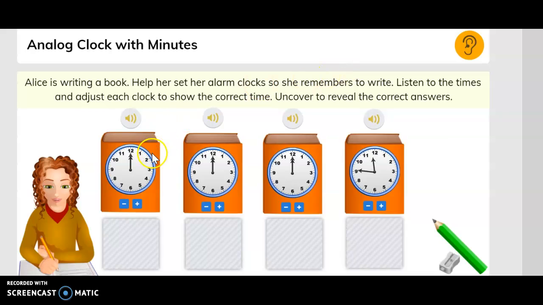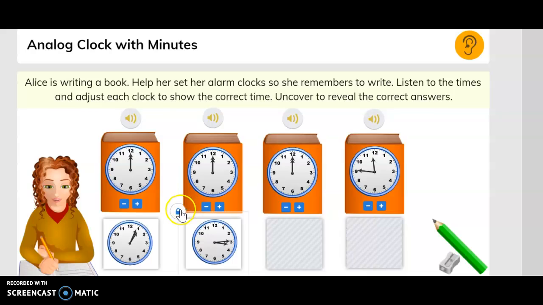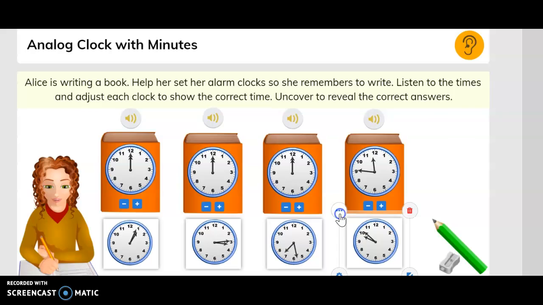Uncover to reveal the correct answers. First one was 1:04. Second one is 3:14. Third one is 7:28. This one is 9:52.